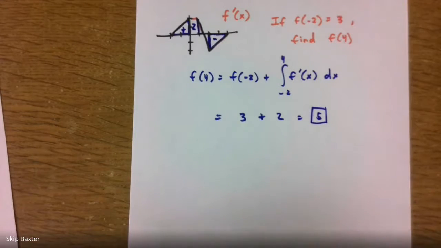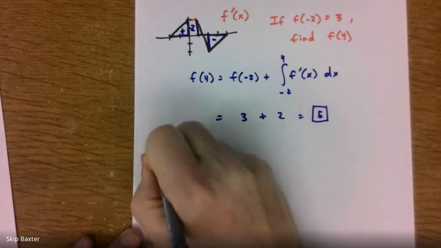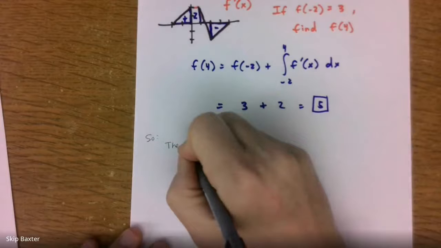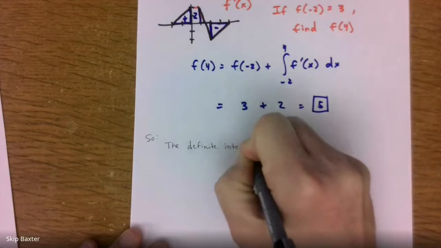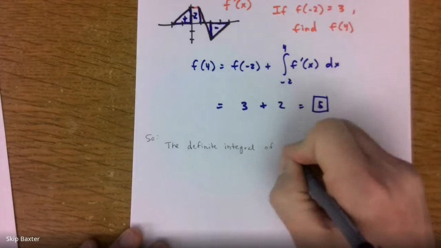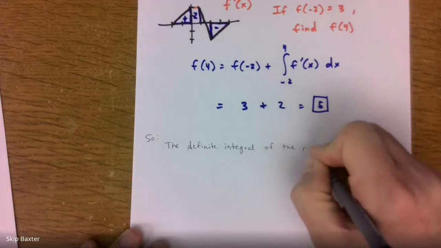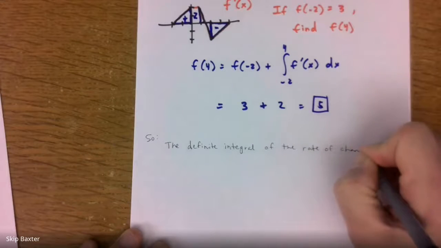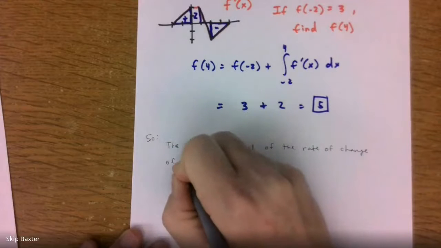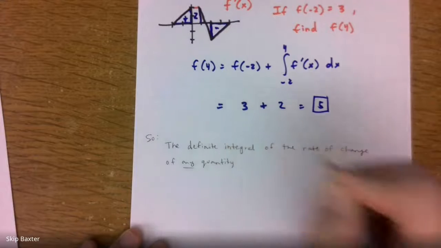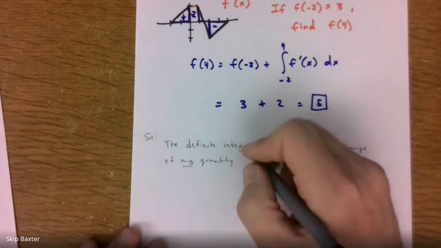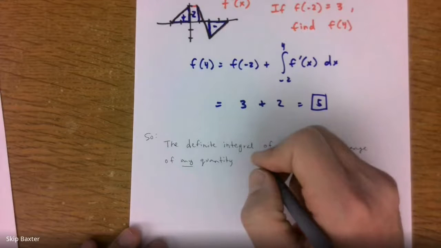Okay? So that's the bottom line. The bottom line is the definite integral of the rate of change of any quantity is the total amount of change of that quantity.